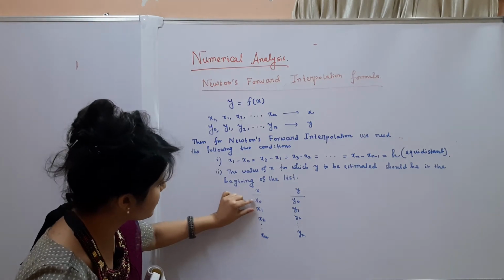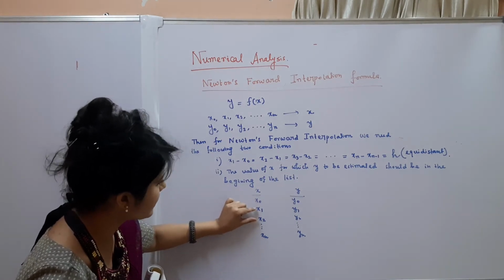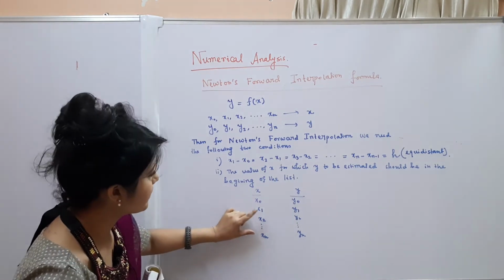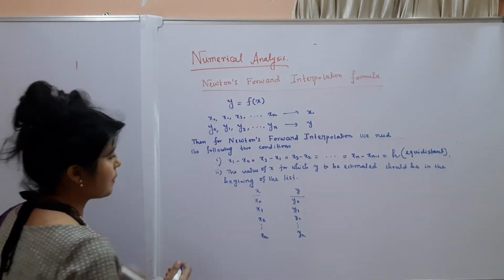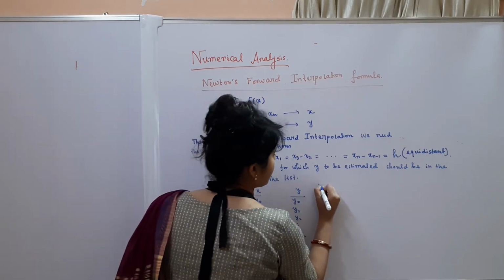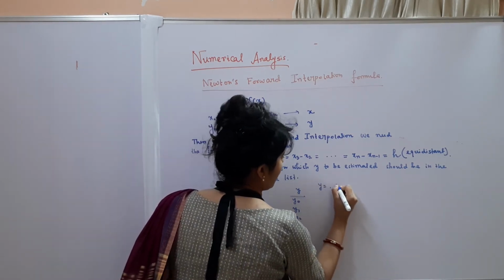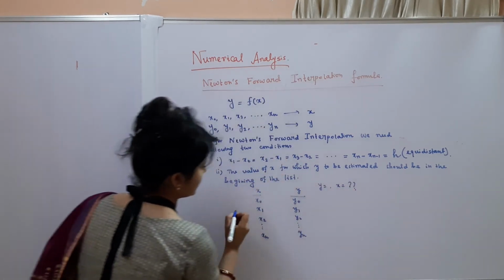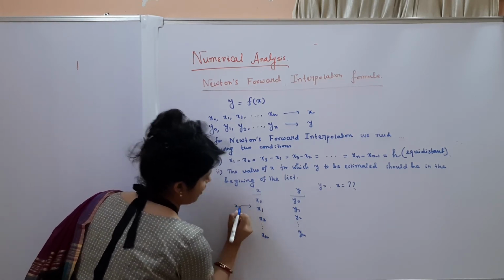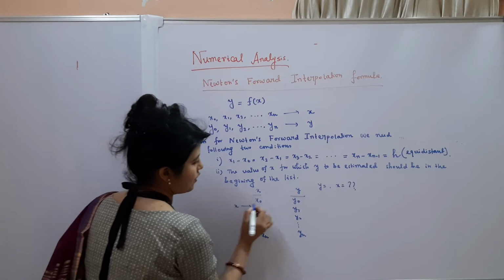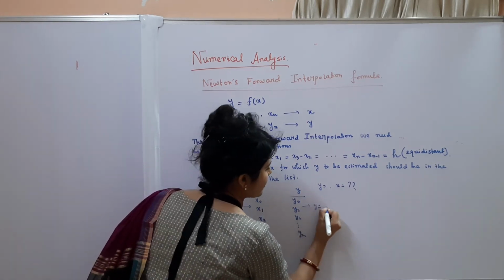So the distance between two corresponding values of x is obviously the same, that is h. And suppose you want to find out the value of y for some x, so this x should be at the top of the list or in the beginning of the list, for which you are going to estimate y.